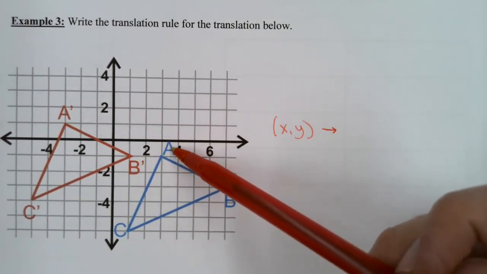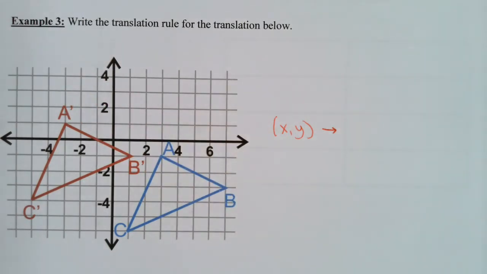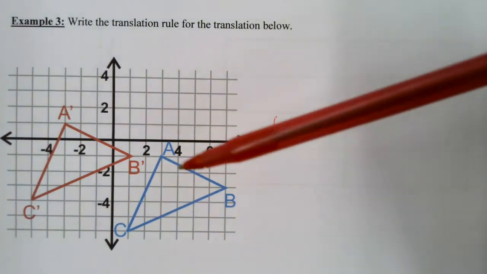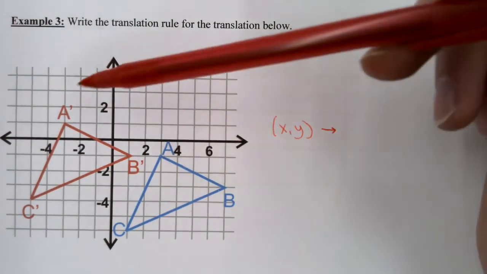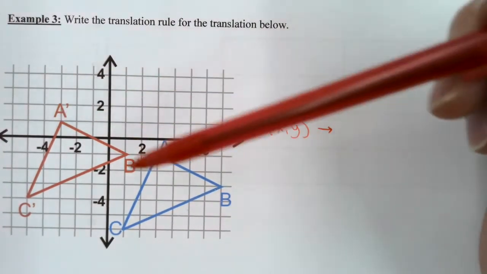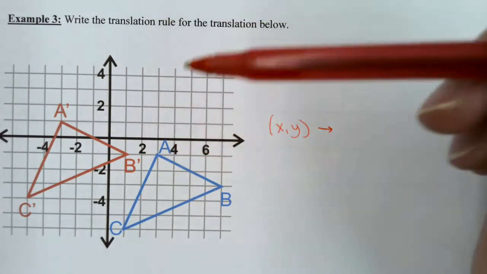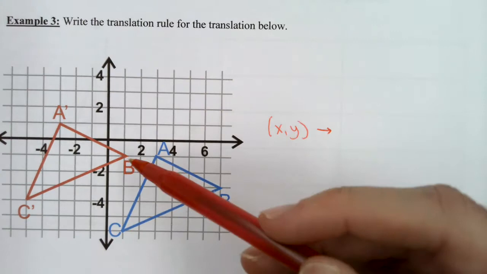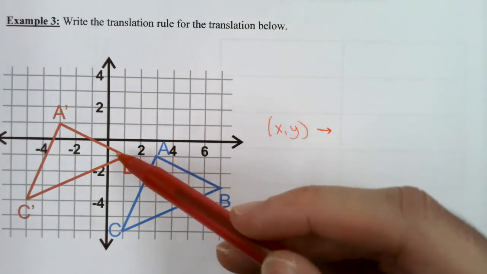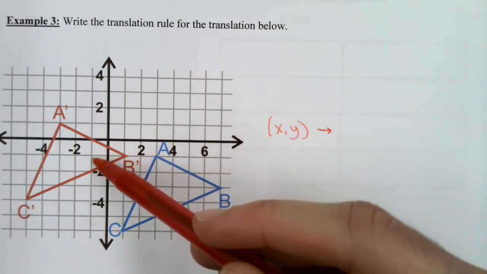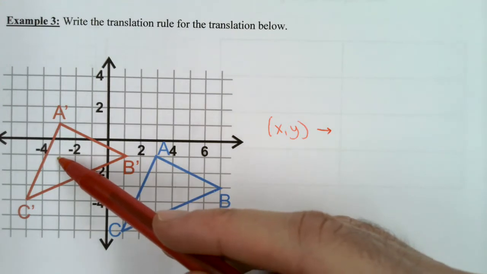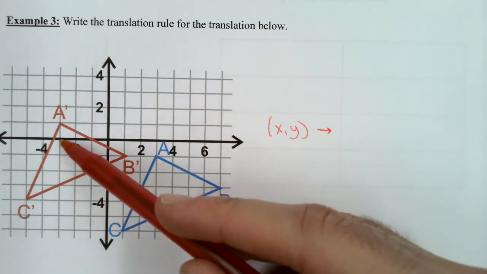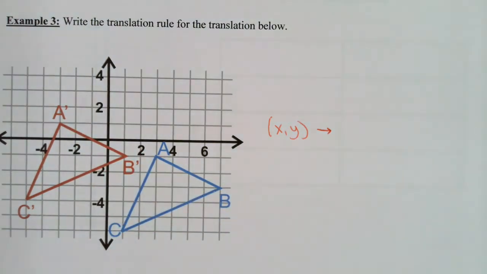We're going from A to A prime. So you're going to count from A to A prime. You're going left 1, 2, 3, 4, 5, 6, and you're going up 1, 2. So you're going left 6 and up 2.